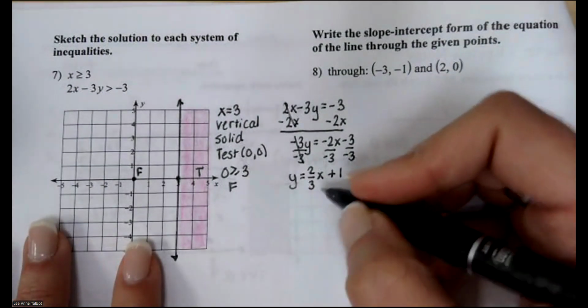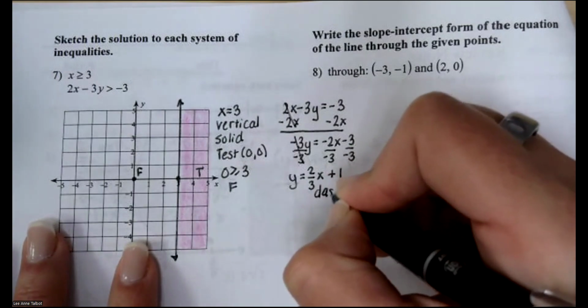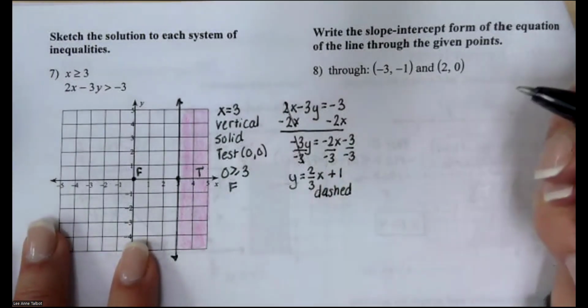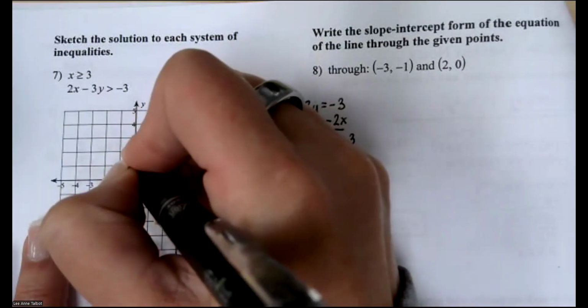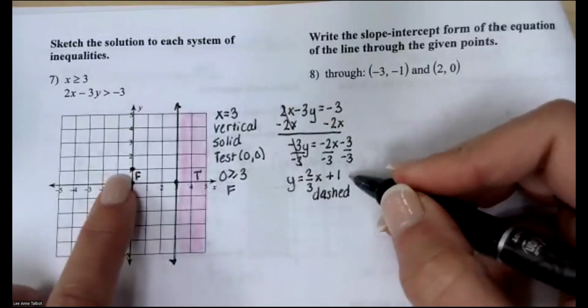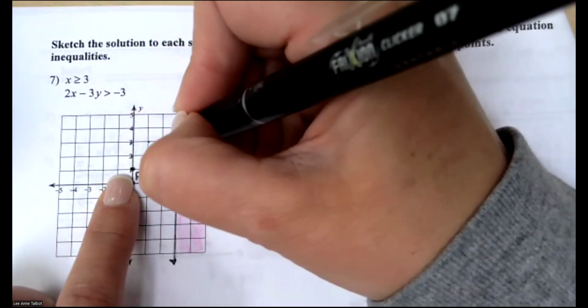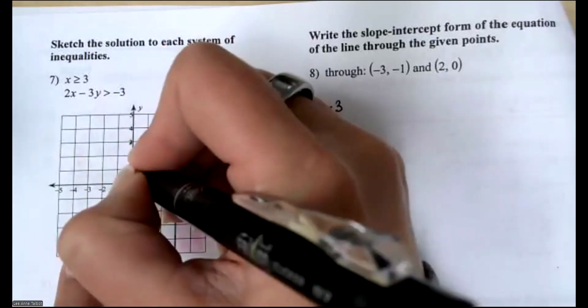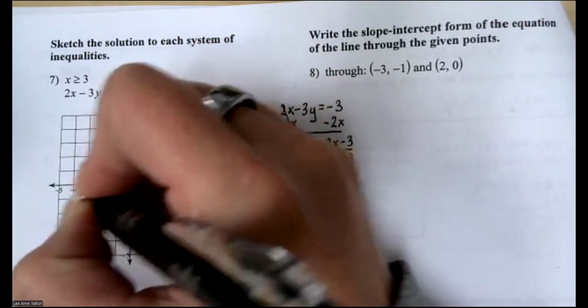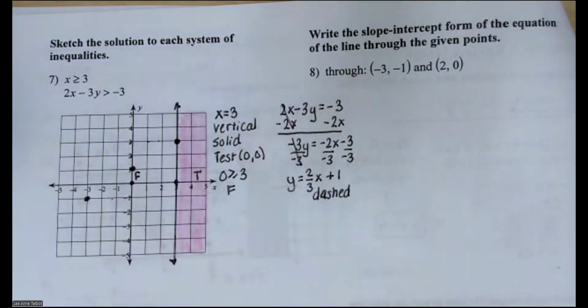Okay, and it is dashed. So plus 1 and then up 2 over 3 for the slope. And I'm going to go down 2 back 3.